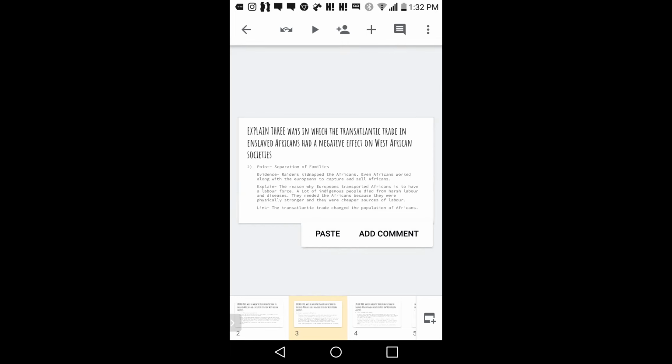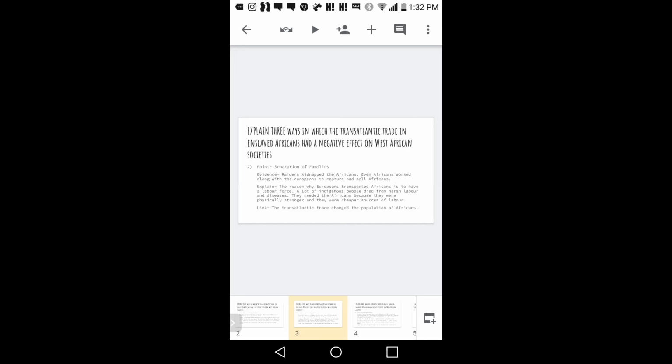No, but your link could not be that the transatlantic trade changed the population of Africa if your point is about the separation of families. So your point is that the transatlantic slave trade led to the separation of families.